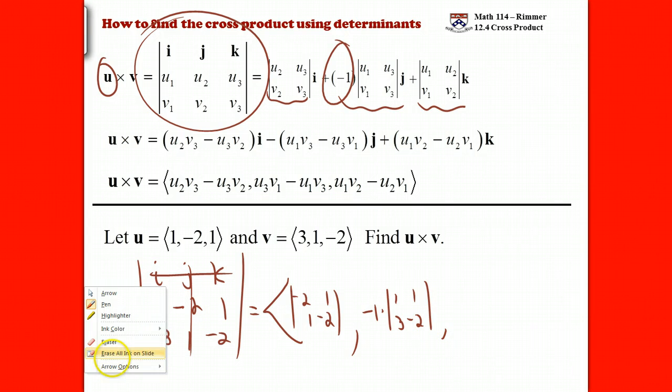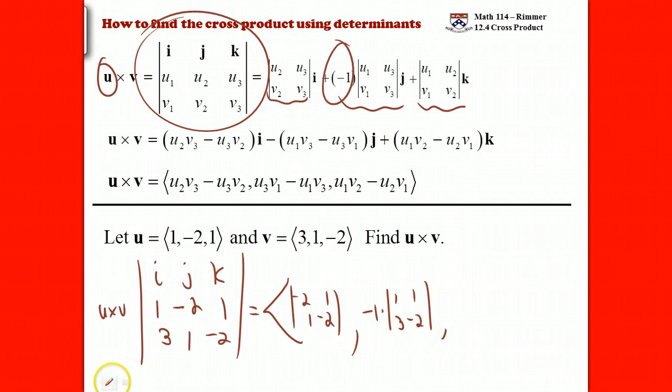And then finally, cross out k's row, cross out k's column. And so I'm using, instead of ijk notation, the brace notation, if that's okay. This guy was times i, and this guy was times j, and this guy was times k. I just didn't write it like that. Cross out that and get a 1, -2, and 3, and 1.